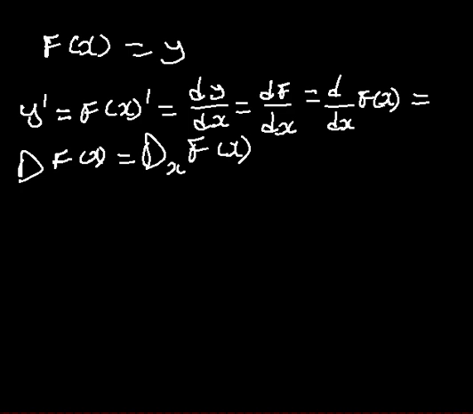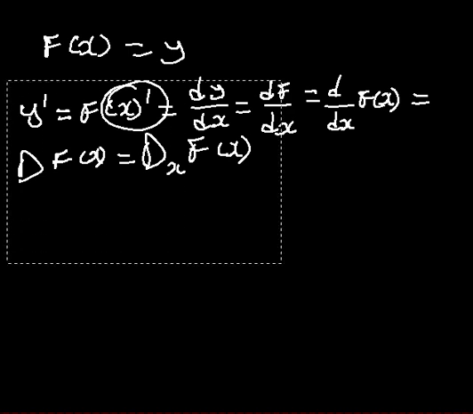So you have y prime, f prime of x, dy over dx, df over dx, d over dx of f of x, or capital D of f of x, or D sub x of f of x. These are the notations you just have to keep in mind.